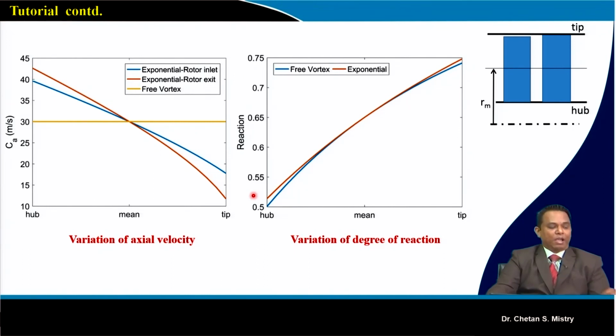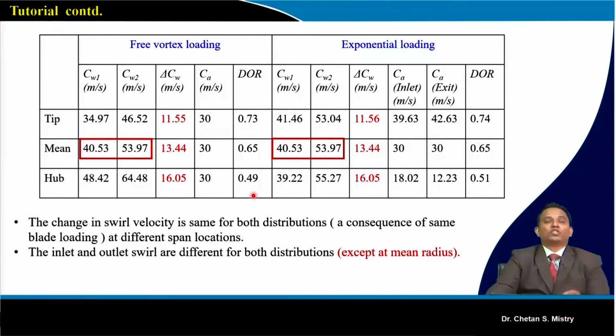Now let's see what is happening in the sense of my whirl distribution. Here this is representing the comparison of free vortex and exponential loading at tip, mean and hub station. If you compare my delta Cw for both the methods, they are coming same.